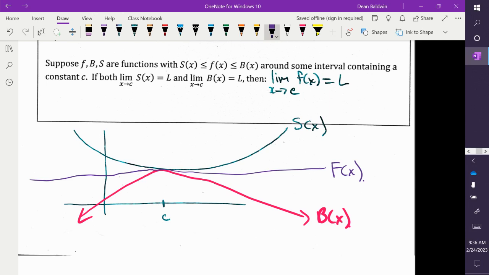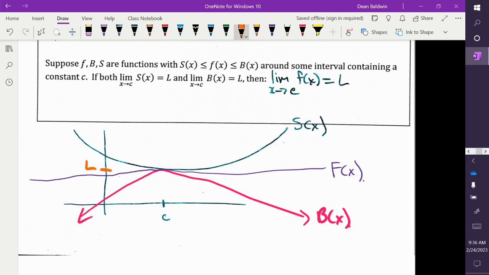So you can see, as we get close to c, s of x goes to a certain number, the limit would be L. There's our L. And b of x goes to the same number, right?